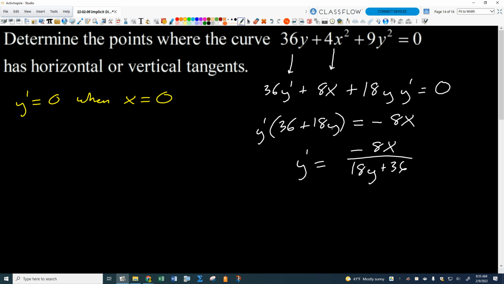Yeah, I got to plug that 0 back into the original equation, right? Because I know that the condition for a horizontal tangent is when x is 0. So if I feed that back into my original equation, what's going to happen then?